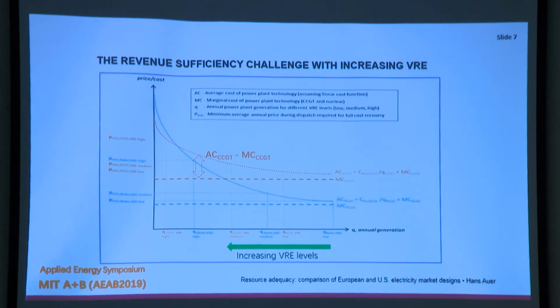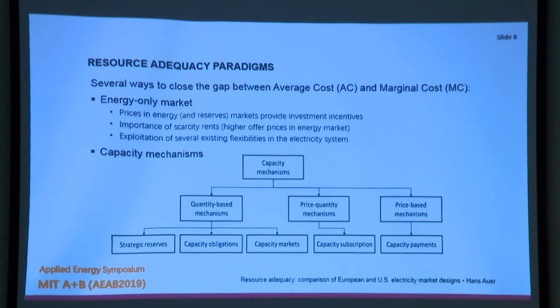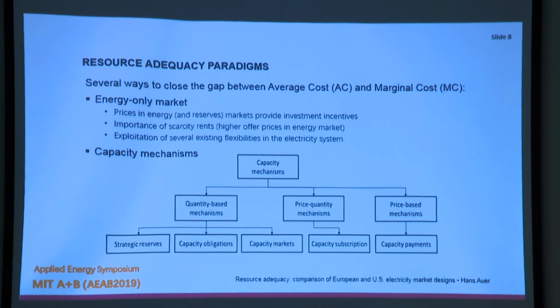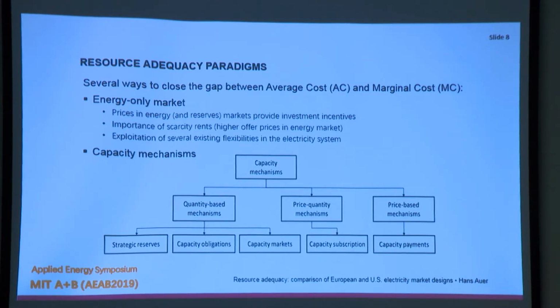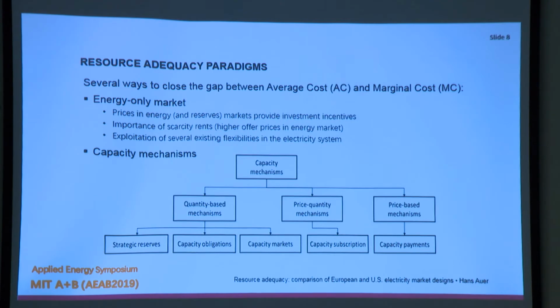This has led in both markets, not only in Europe, but also in the US, to the question of long-term resource adequacy and different kinds of capacity mechanisms. In case you are not able to fill the gap between the average cost and the marginal cost in an energy-only market, you rely on it working appropriately. In an energy-only market, it needs to be possible to send out the correct price signals.